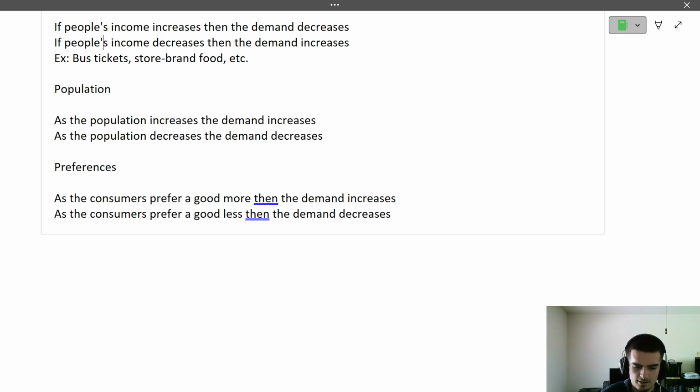The demand for stuff that was fashionable maybe 20 years ago isn't really in demand now. As something becomes more popular or more preferred by the public, its demand will increase. And as those consumers lose preference in that good, the demand decreases.